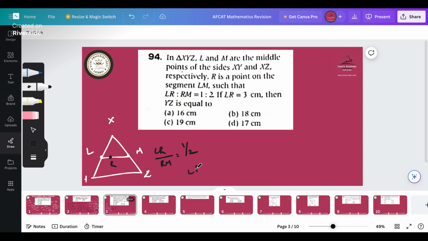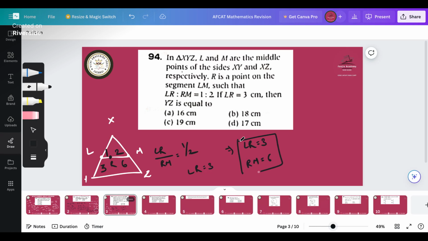If LR is equal to 3, okay, so these two LR and RM are in the ratio of 1 is to 2, LR they have already given as 3, so RM will be how much? 6, right? So basically LR is equal to 3 and RM is equal to 6.